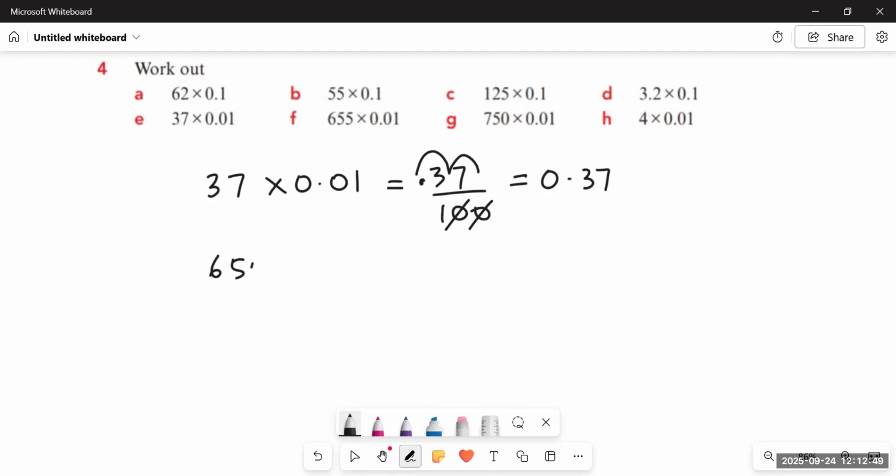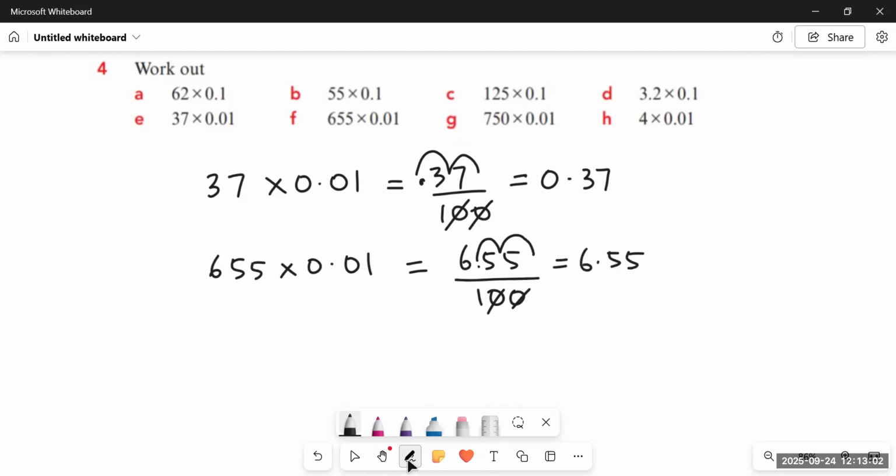Similarly, 655 multiplied by 0.01 is actually 655 upon 100. Cutting the two zeros, decimal will move two places backward. Here it becomes 6.55. Okay? So the more you practice, the easier it will become for you to solve these types of questions. Here it's 750 upon 100.